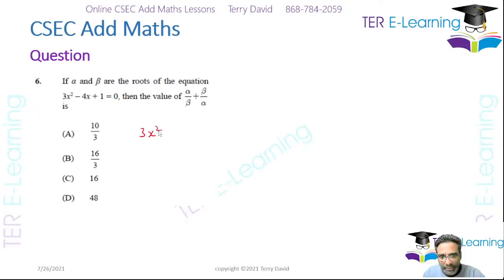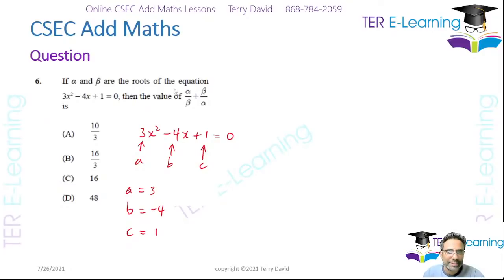We have 3x squared minus 4x plus 1 equal to 0. Based on this equation, this here is A, this here is B, and this here is C. So A is equal to 3, B is equal to minus 4, and C is equal to positive 1, right?